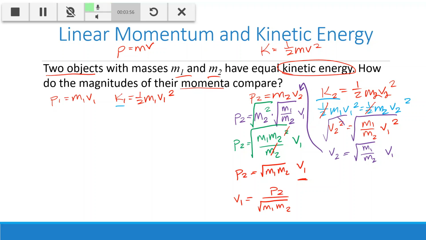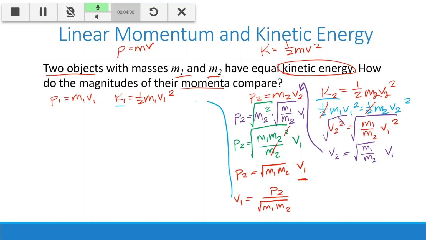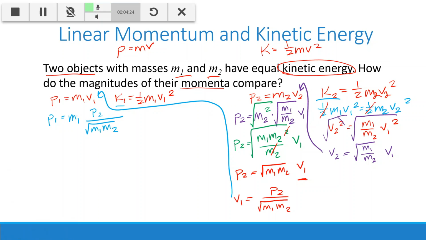And then I can take that and plug that in way over here for my V1 in my momentum for object 1. So I get P1 is equal to M1 times P2 over the square root of M1 times M2. And then I'll do my little trick again and get those masses combined, those M1s.